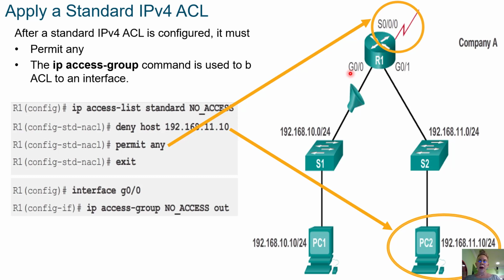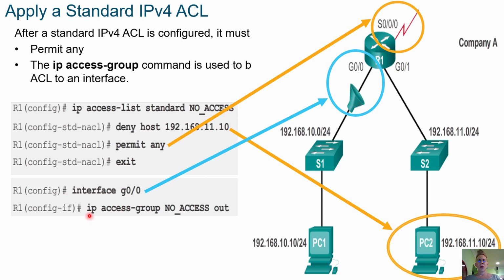If you remember, a standard access control list you want to put as close to the destination as possible. So if the packet is leaving here, this interface would not be as close to the destination as possible. G0/0 would be as close to the destination as possible. So right here is where we're going to apply the access control list. We're going to enter interface mode.